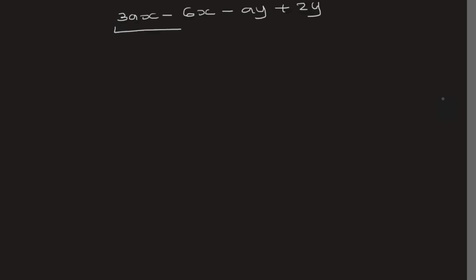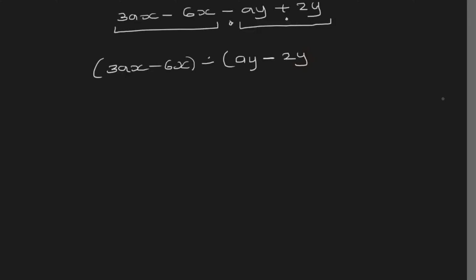Again, here we do 2 by 2. So we have 3ax minus 6x. Then minus, we take the sign here, which is minus. And then we're going to have a y. This was a positive, so it becomes a negative here, 2y.